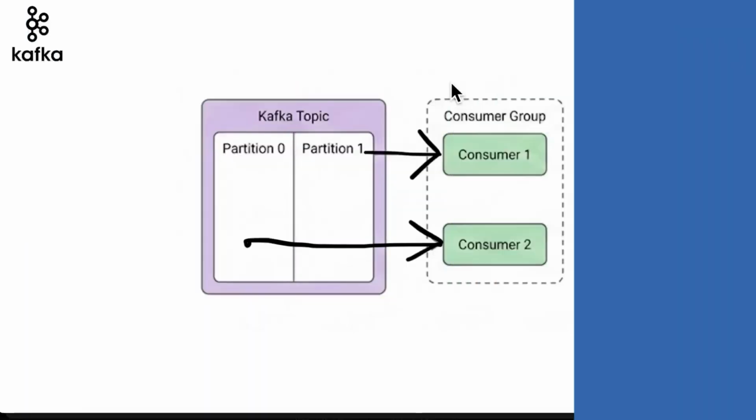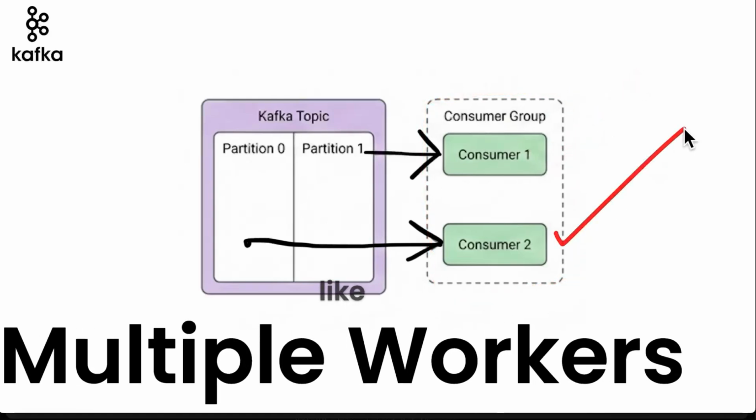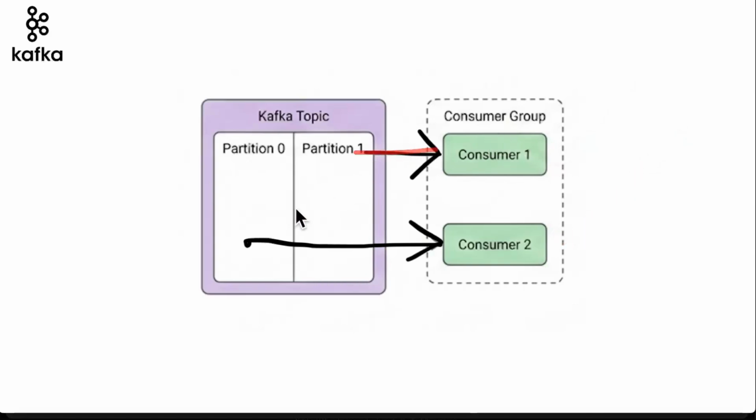So the problem that a Kafka consumer group solves is this: the client can create a consumer group. Let's say this is a single consumer group, and in that group you can have multiple consumers, and each consumer is reading from one partition. In this case, consumer 1 is reading from one partition, consumer 2 is reading from another partition.